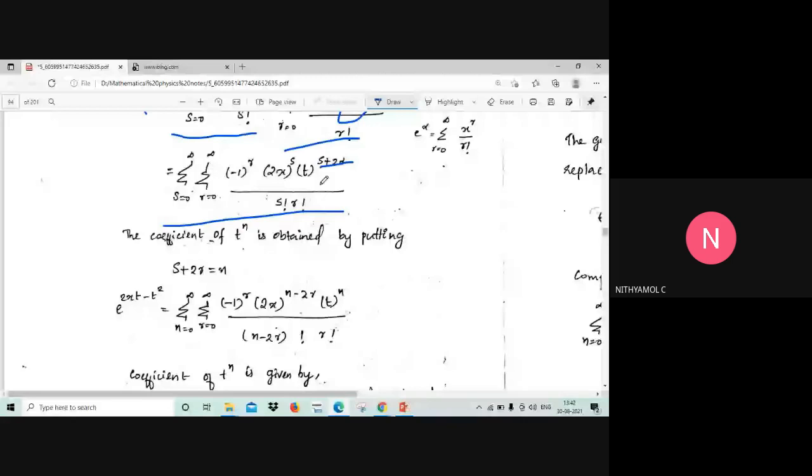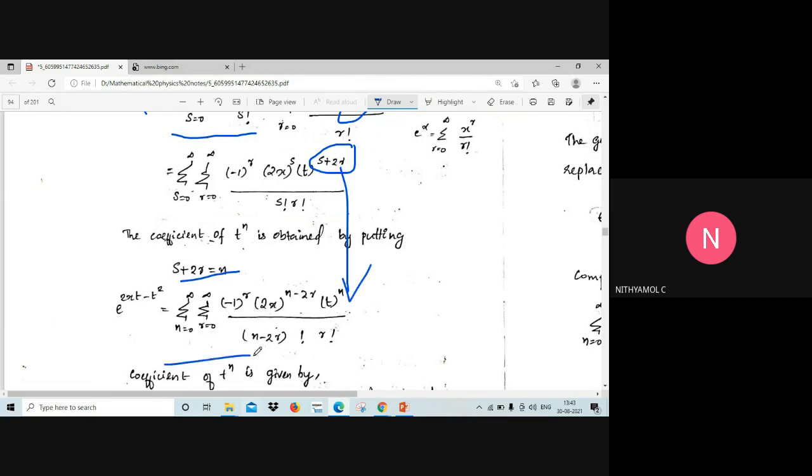In order to equate the coefficient, instead of s plus 2r we can substitute n. So s plus 2r is equal to n. Then this equation becomes t raised to n.